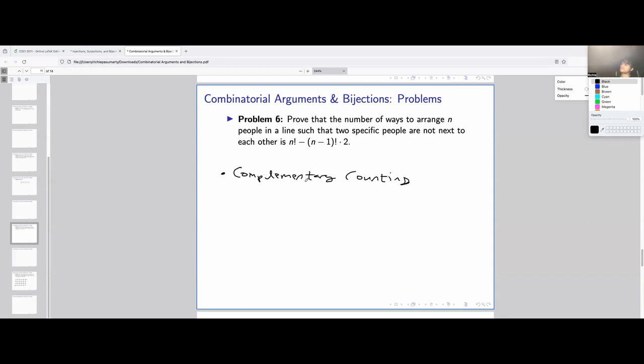You'll see a lot of examples. It also uses this other technique: if I have two people who are next to each other, I treat those two people as one person.